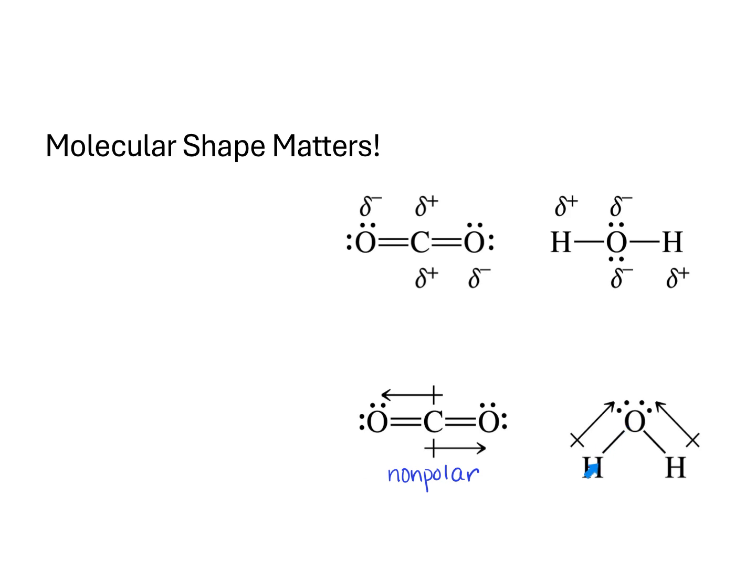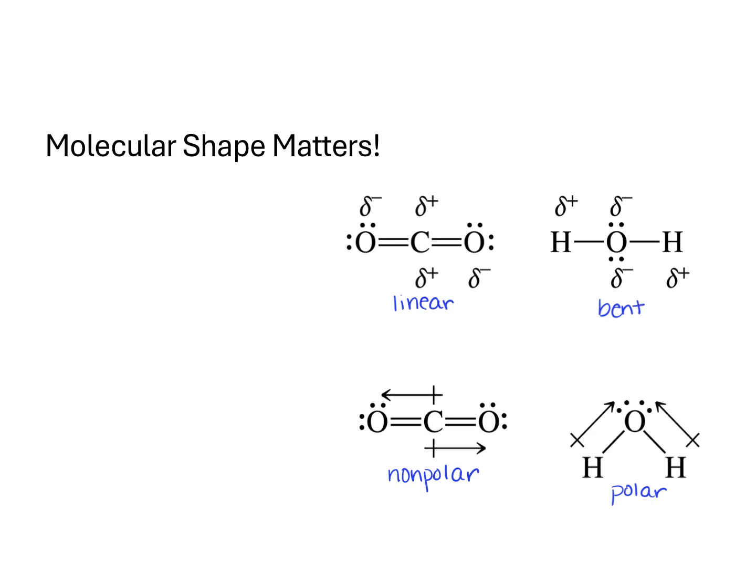And so when we look at this, what you see is that the electrons are pulled in this direction and in this direction, and so it ends up being a polar molecule. Now, these two molecules look strikingly similar, except they do have what we call different shapes or different geometries. CO2 is linear, whereas water has a bent shape.